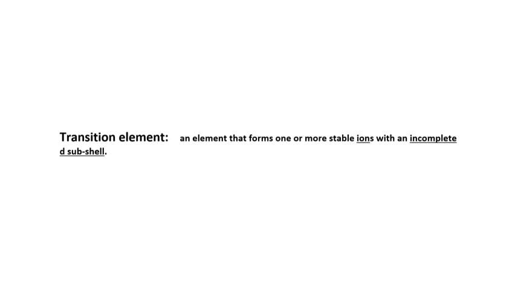So something can only be classed as a transition element if it has at least one ion that has between 1 and 9 d electrons, and that doesn't quite include all of the d block elements.